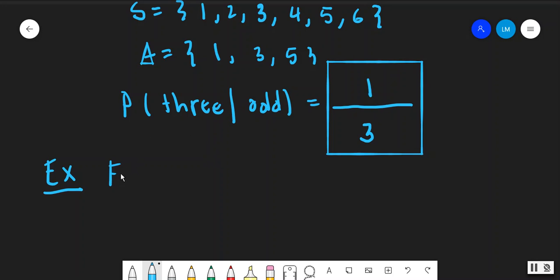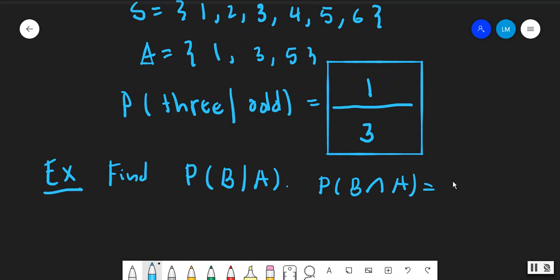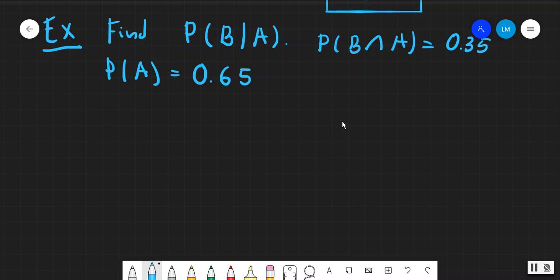Let's say that you want to find the probability of B given A, when P of B intersect A is equal to 0.35, and the probability of A is equal to 0.65.